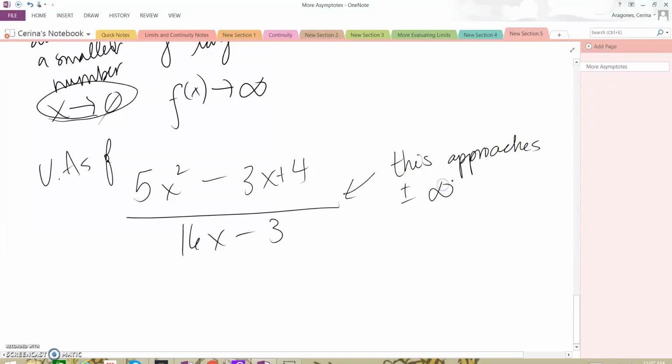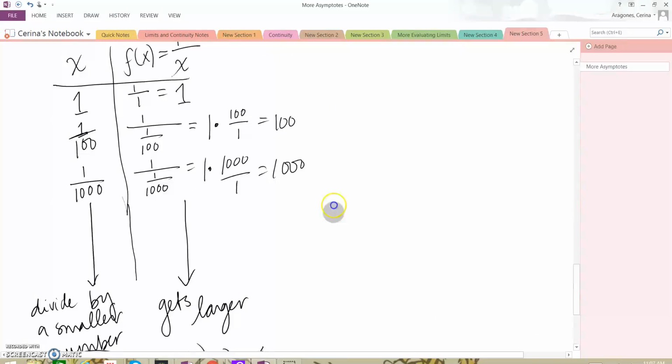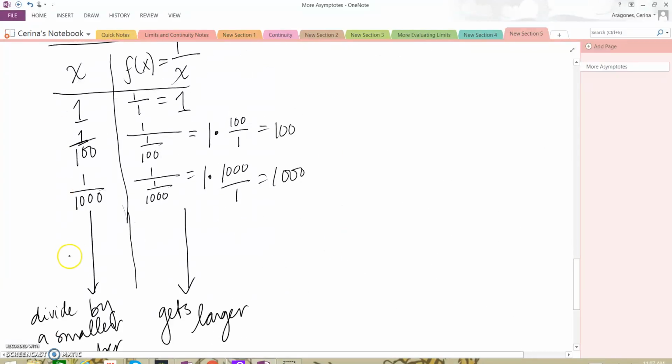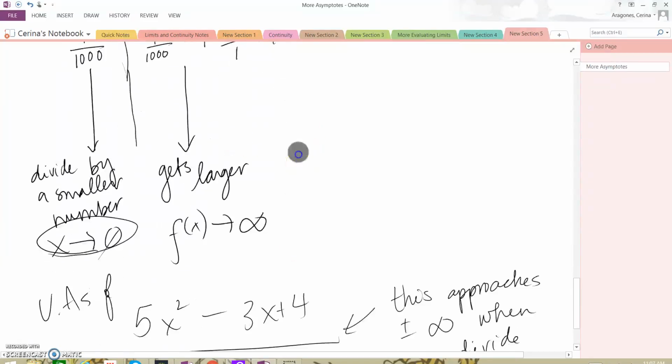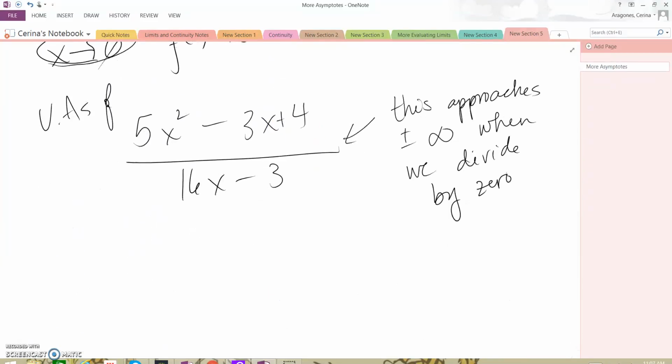Just like we showed here, as we divide by a smaller number, eventually getting to 0, our f of x gets to infinity. Okay? So let's set the denominator equal to 0 then.